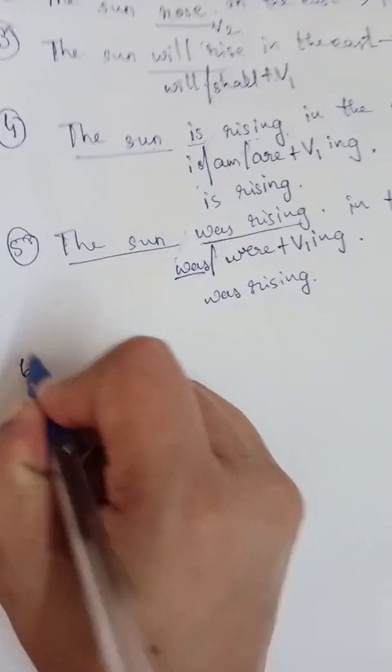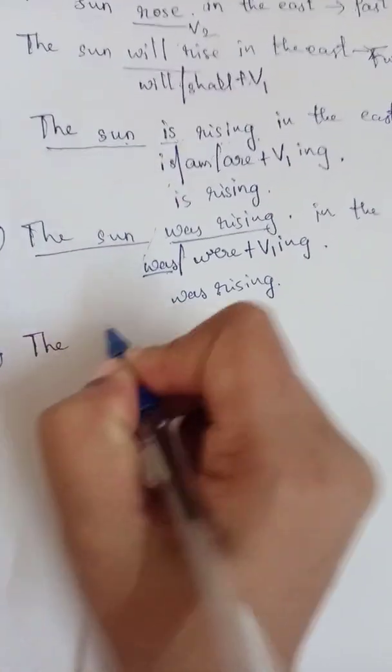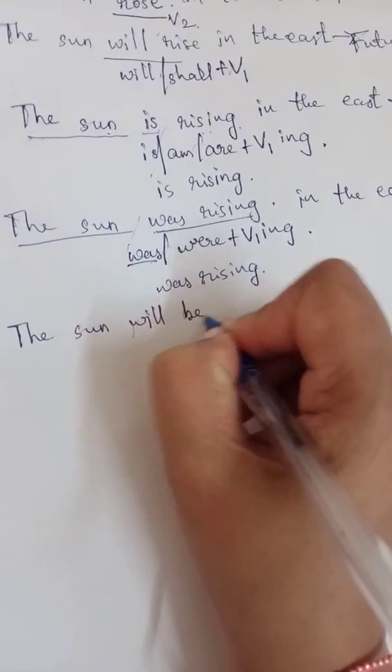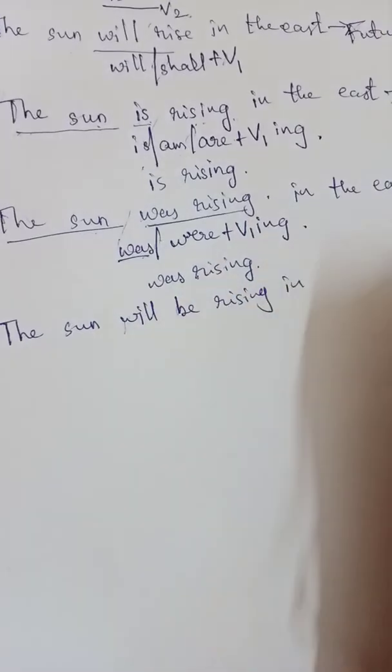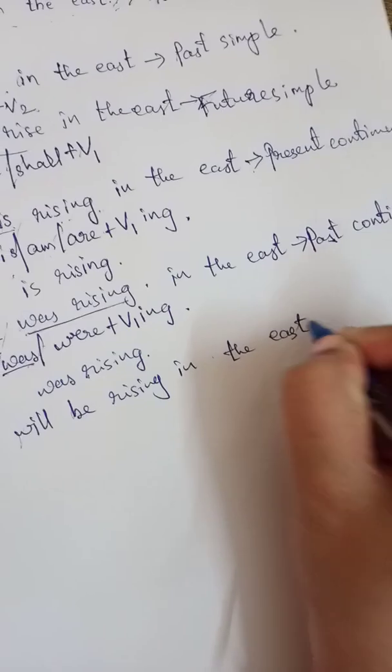Next, sixth one, future continuous. The sun will be rising. The sun will be rising in the east.